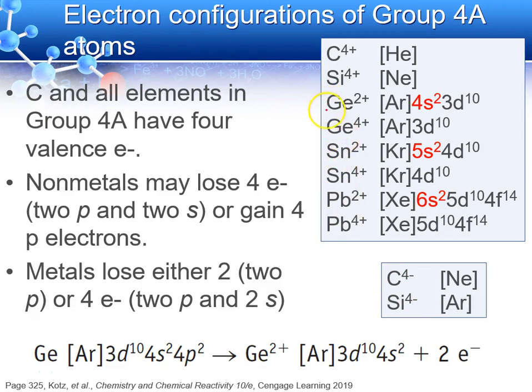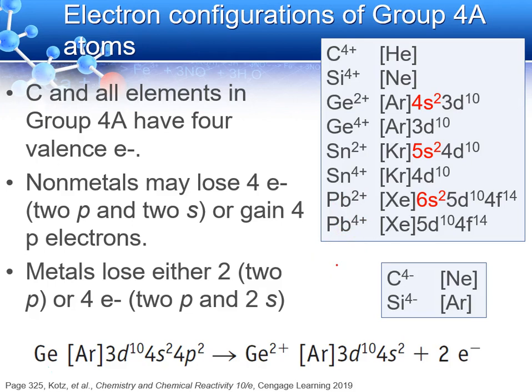But if we're getting down here with germanium and tin and lead, again, we can see that we have the possibility of having 2 different oxidation states, either +2 or +4. So here the germanium has lost its p electrons, but not its s. And here, if it becomes 4+, it's lost both the p and the s electrons. And the same thing for the tin and the lead.